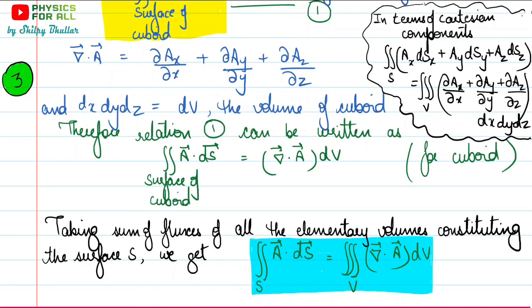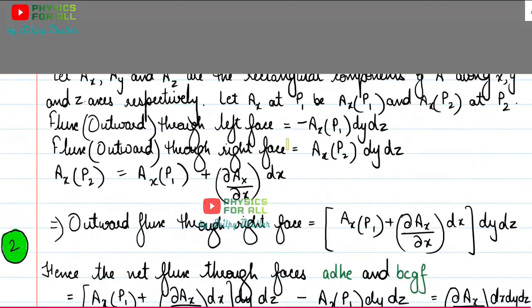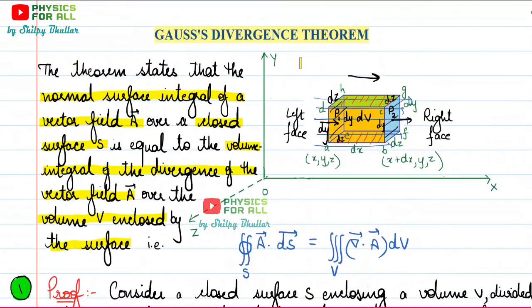Whenever we talk of Cartesian components, basically what we have to do is just split the vector into its x, y and z components, and that's it. So this is all about the Gauss divergence theorem. We started with some surface which was enclosing volume V, then we divided the volume into a large number of small volumes, and then we picked a particular volume element dV and solved it.